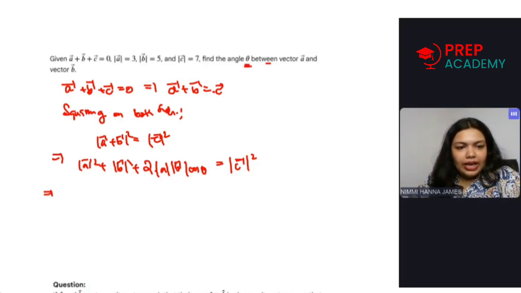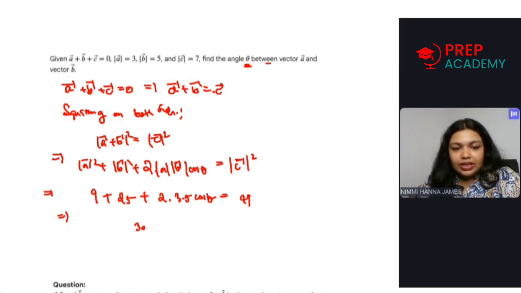Okay, so a squared, a is 3, 3 squared is 9, plus b squared, b is 5, so 25, plus 2 into mod a mod b, that is 3 into 5, cos theta is equal to mod c squared, that is 49. Now changing all of these together, we get 2 times 3 times 5 is 30. 30 cos theta is equal to 49 minus 9 minus 25, that is 15.